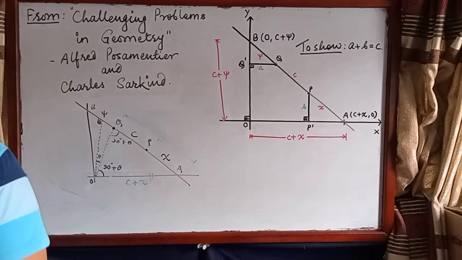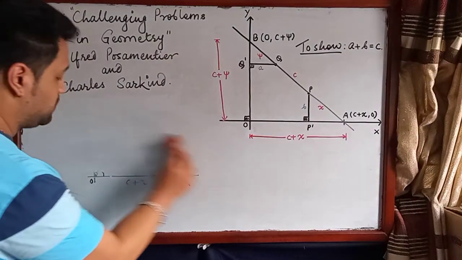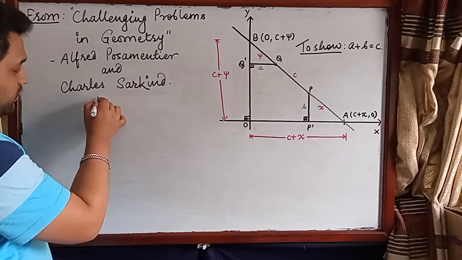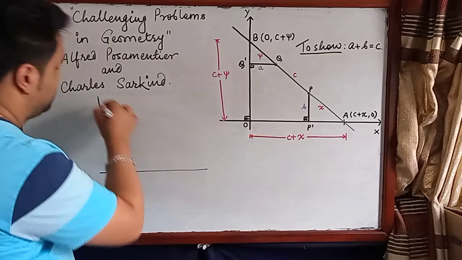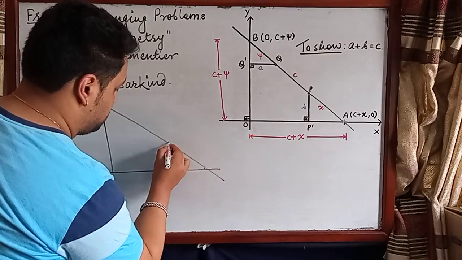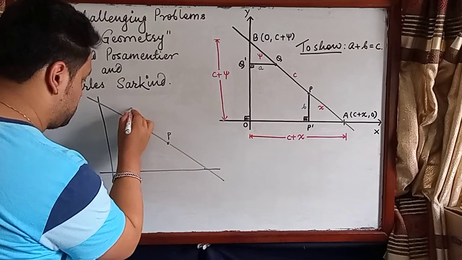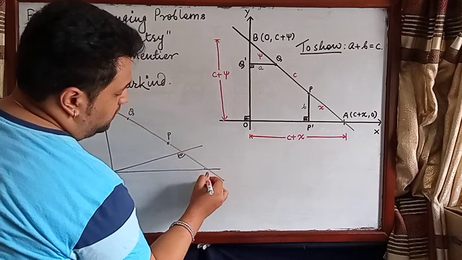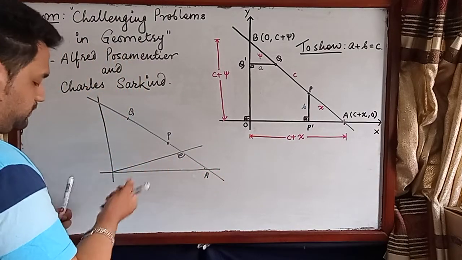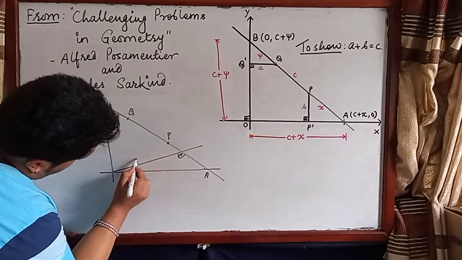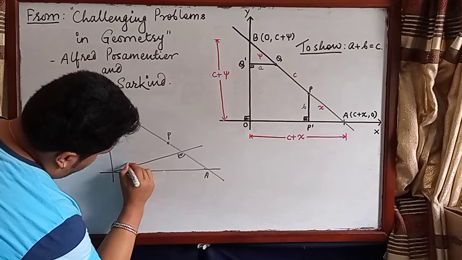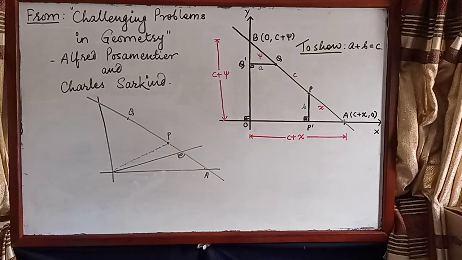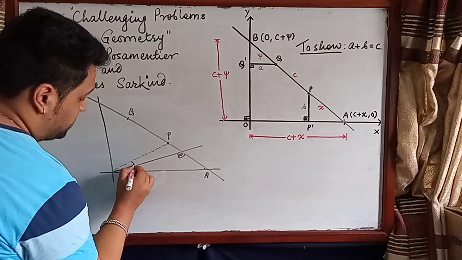So the perpendicular from the point O on the hypotenuse AB cannot pass through a point between B and Q. Similarly, if we assume that it passes through a point between A and P, then let's join this. Let's call this angle delta.